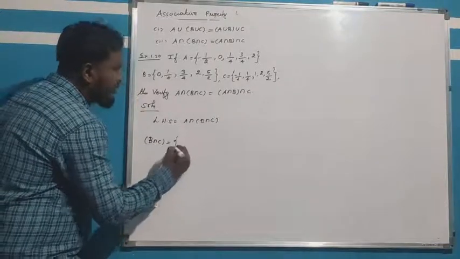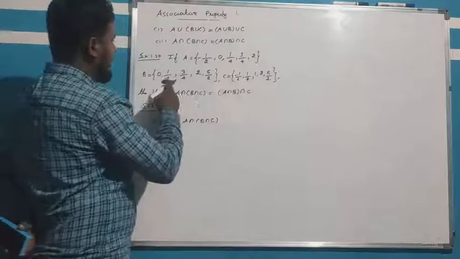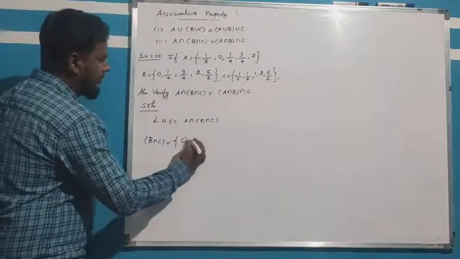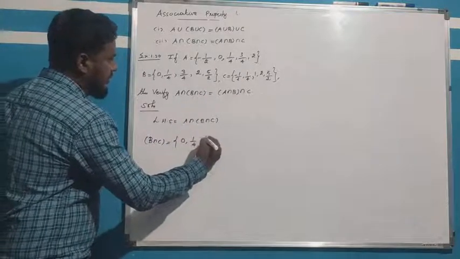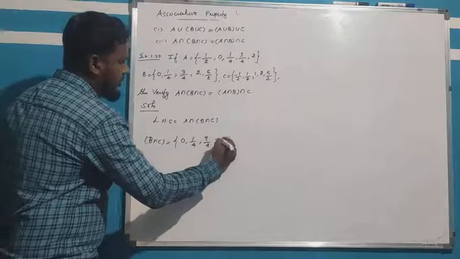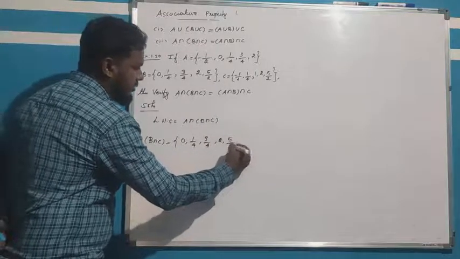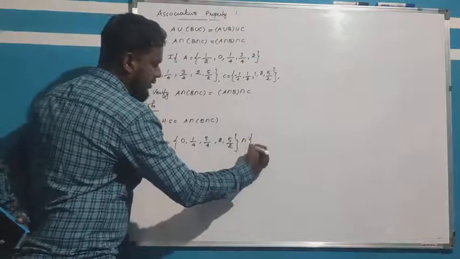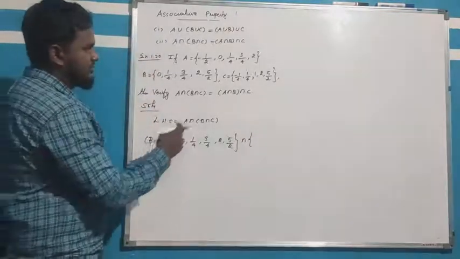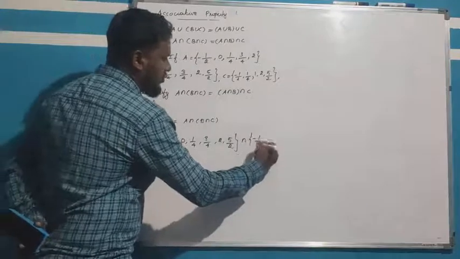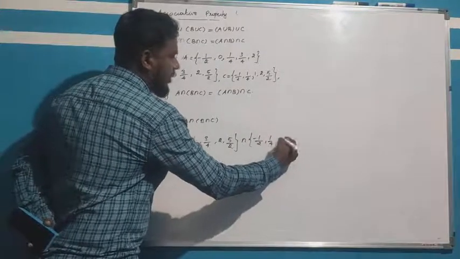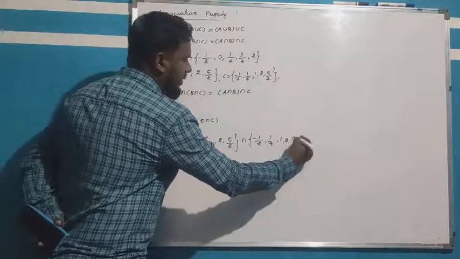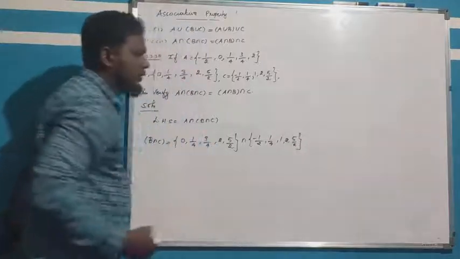What is the set of B? 0, 1/4, 3/4, 2, 5/2. Intersection. What is the set of C? -1/2, 1/4, 1, 2, 5/2.